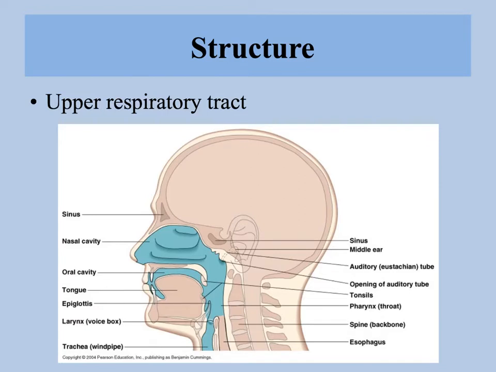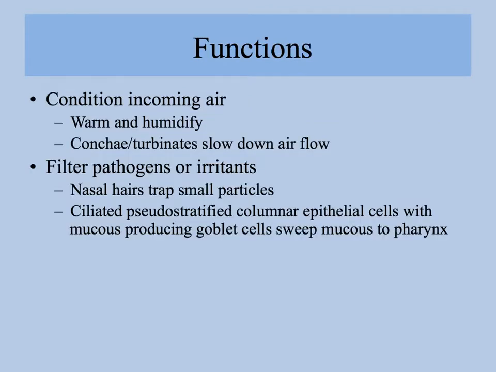The respiratory system can be divided into 2 parts, the upper respiratory tract and the lower respiratory tract. We're going to start with the upper respiratory tract, which basically is everything in your head and the upper part of your throat. The upper respiratory tract is very important to condition the incoming air.